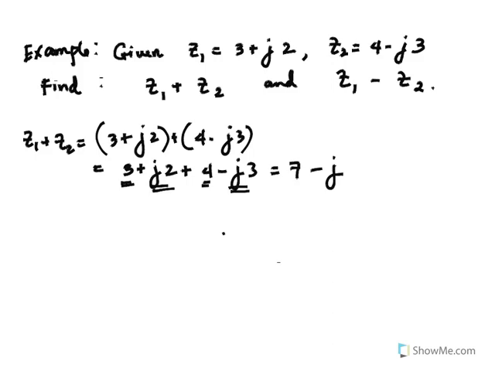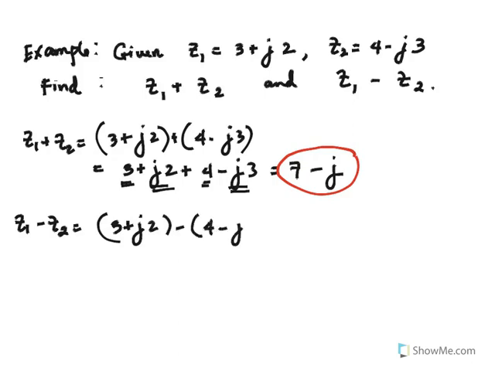So parang pwede nating tingnan yung ating j as parang variable, although hindi naman siya talaga variable, pero parang ganun din siya lumalabas when we are adding or when we are subtracting. Halimbawa, we want now to subtract z1 and z2. So z1 minus z2 is equal to 3 plus j2 minus 4 minus j3.